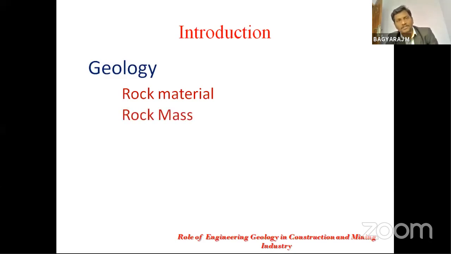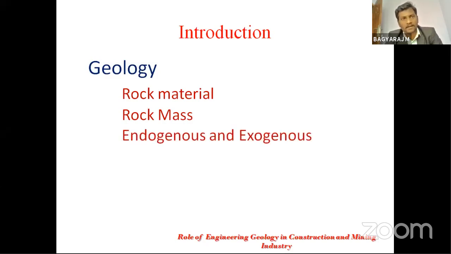Secondly, the rock mass, on which the various structures are founded. Thirdly, endogenous and exogenous geological processes which are operating around the construction and can affect the constructions in one way or another, in the present time as well as in the future.